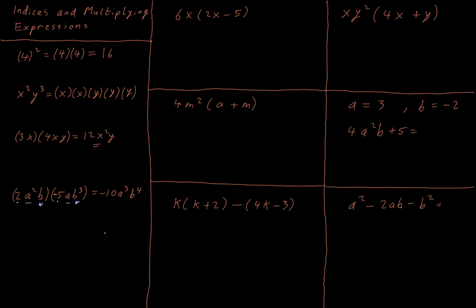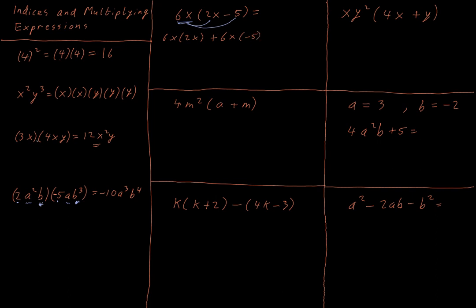So let's use this in combination with what we know about multiplying our expressions. So we have 6x multiplied by 2x minus 5. I know that the number outside the bracket gets multiplied by each thing inside the bracket. So that would be 6x multiplied by 2x plus 6x multiplied by minus 5.